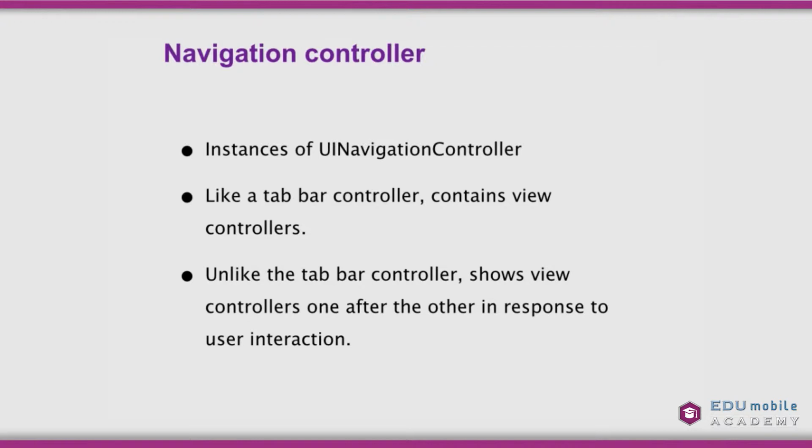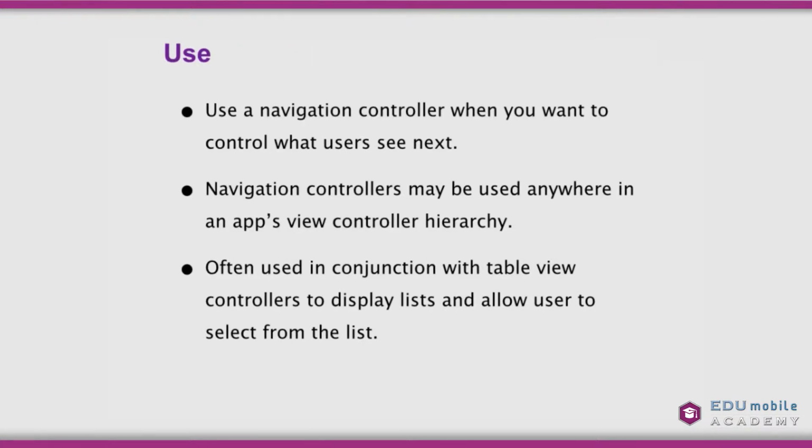Like a tab bar controller, it contains other view controllers, but unlike a tab bar controller, a navigation controller shows view controllers one after the other, and only in response to user interaction with a control in each of the views. So, we use a navigation controller when we want to control what users see next.